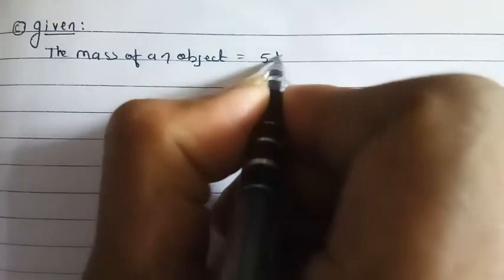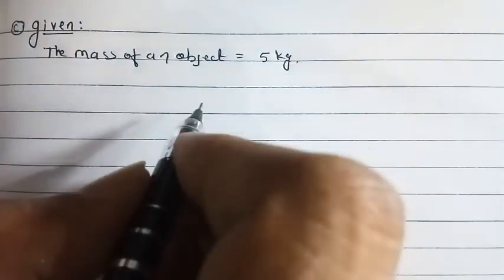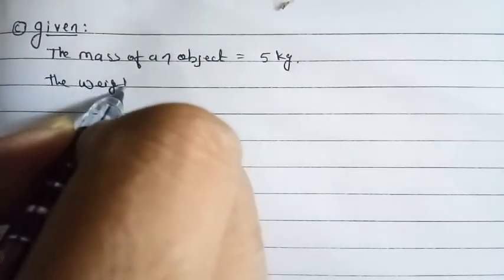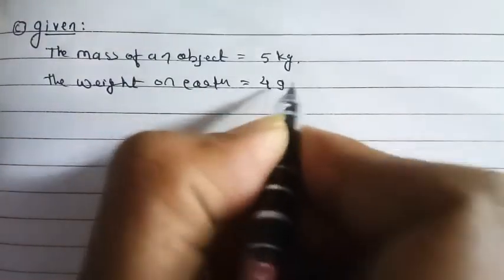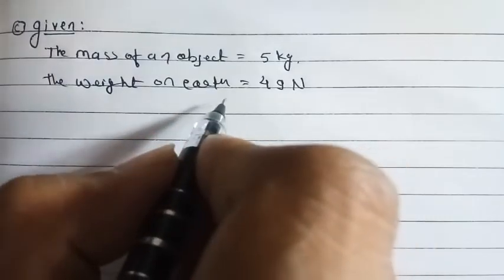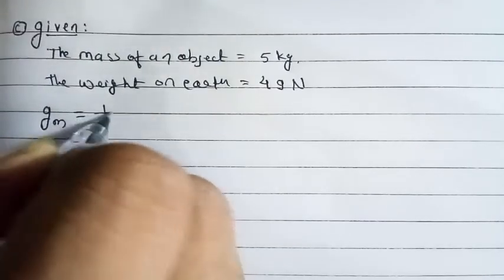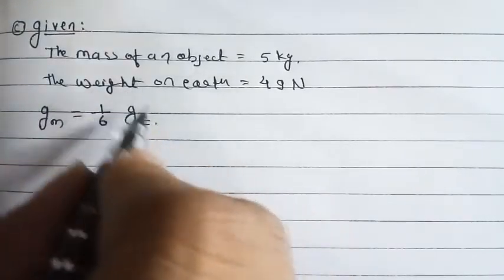The mass of an object is 5 kg, then the weight on the earth is 49 Newton, and acceleration due to gravity on the moon is 1/6 of the acceleration due to gravity on earth. So these all are given.